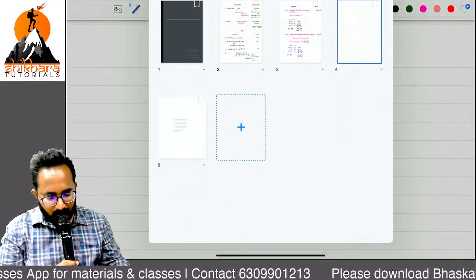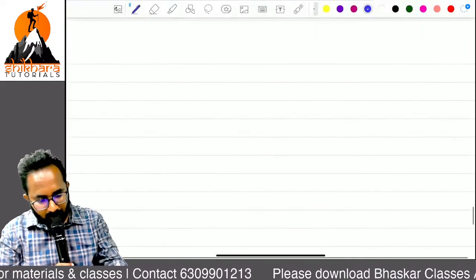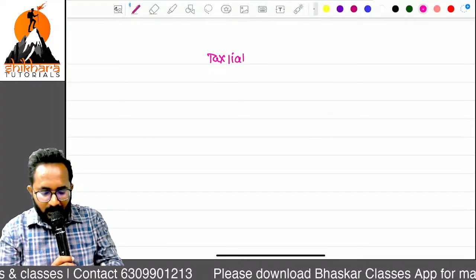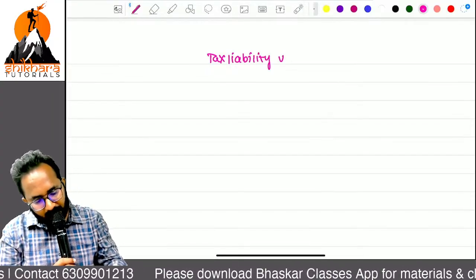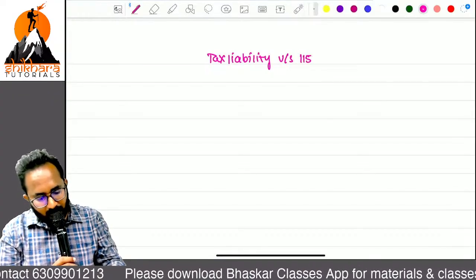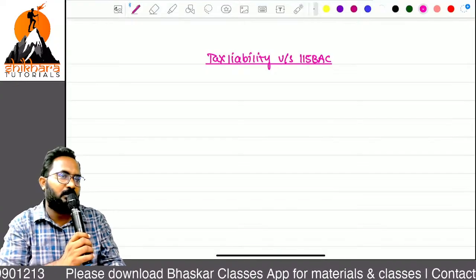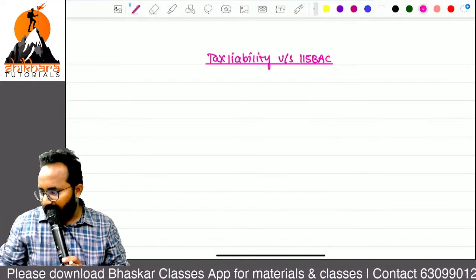First, from your side, I want you to calculate the tax liability under Section 115BAC. That means direct computation; no need to use any marginal relief steps.